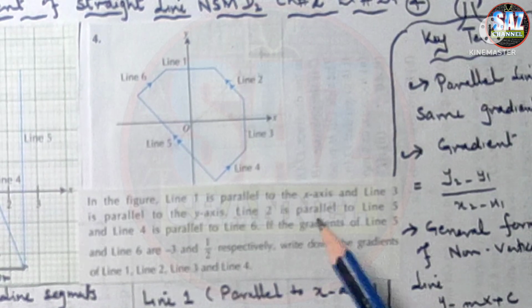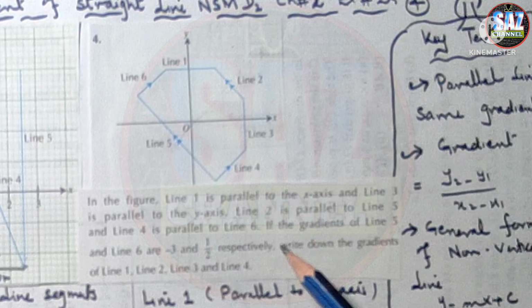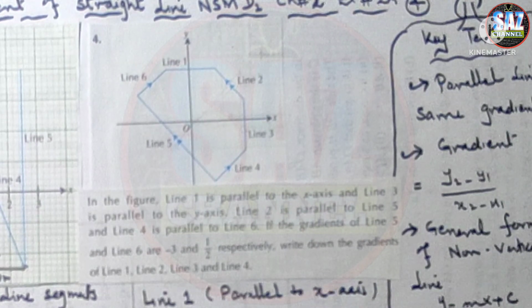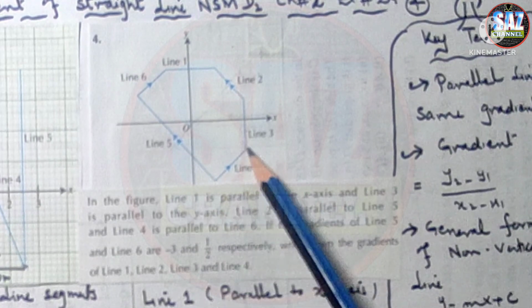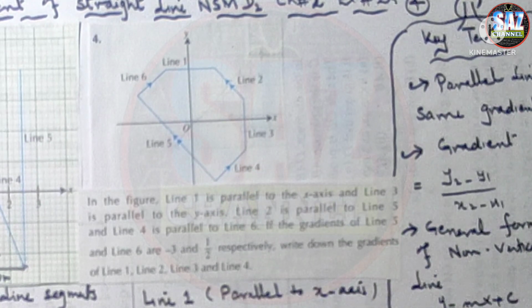Same for 4 and 6: the gradient of line 6 is 1 by 2, so the gradient of the required line, because they are parallel, will also be half.